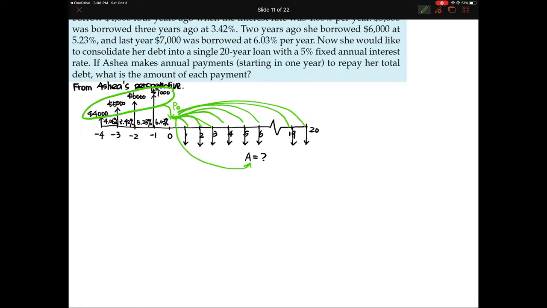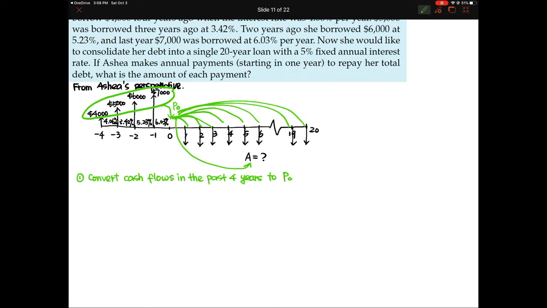That's the logic. First, we convert the cash flows in the past 4 years to P0.